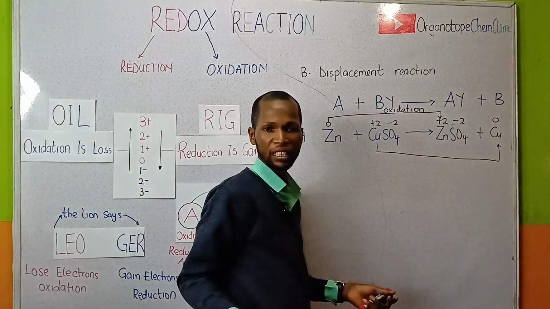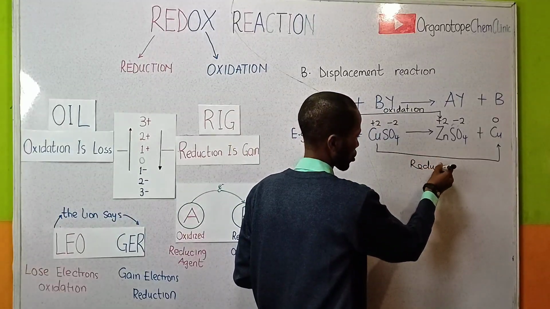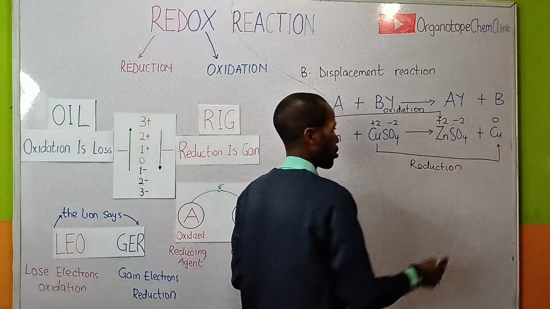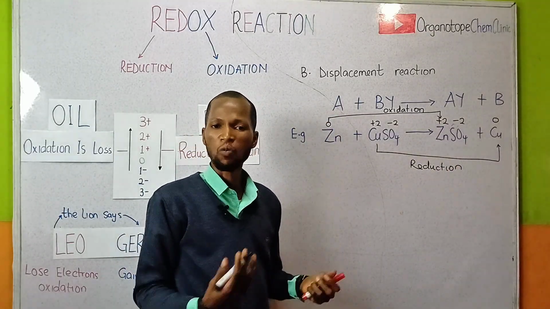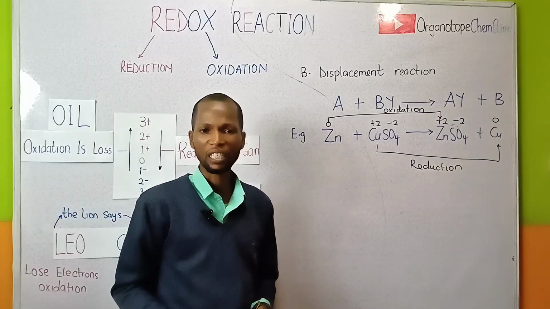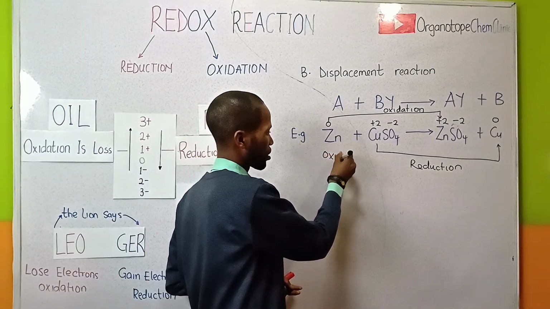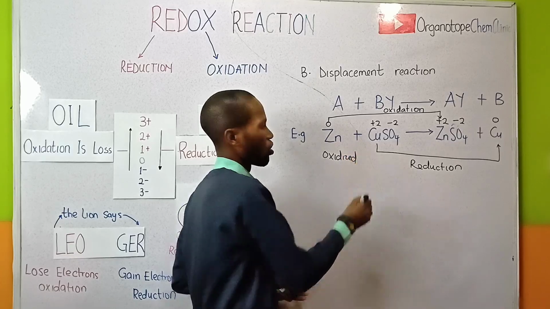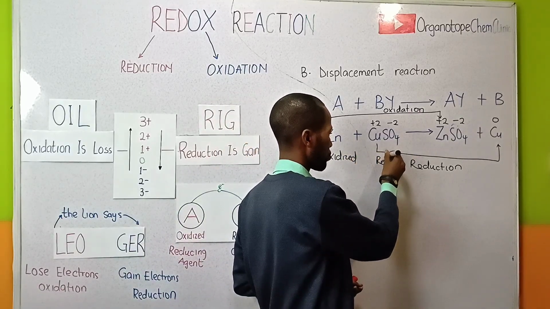That is, a decrease in oxidation number is reduction. Okay, which of these two reactants is oxidized and which of the reactants is reduced? The zinc atom right here is oxidized, while the copper sulfate is reduced.